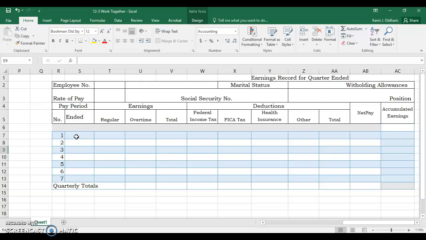So she's actually going to be in 1, but your book gives you some information. It says prepare quarterly earnings record for Miss Hensley for the quarter ended September 30th. So quarter ended, we're going to put September 30th up here. And then it says to enter the July 15 payroll information.